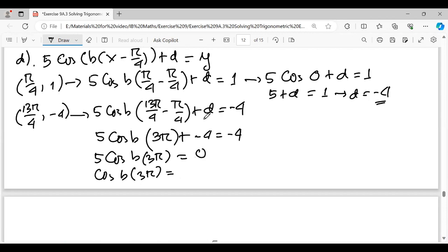Okay, this cosine 9 over 6 pi. So it means b times 3 pi equals 9 over 6 pi.